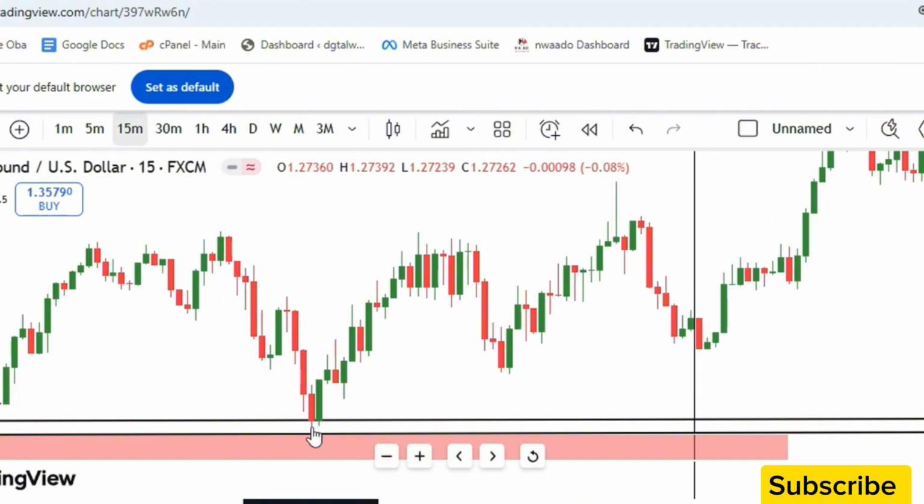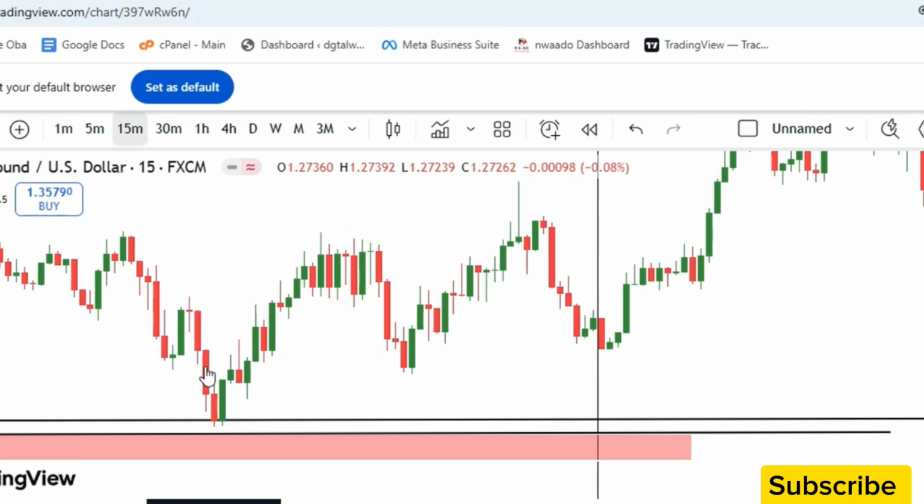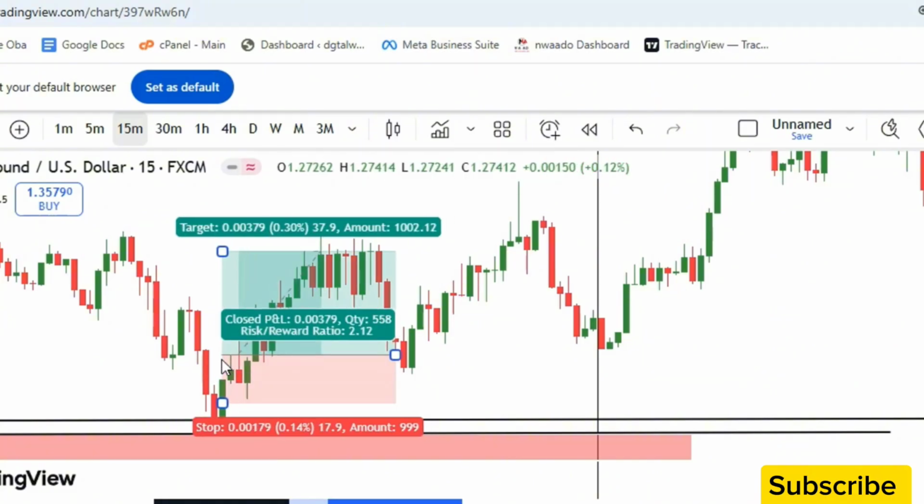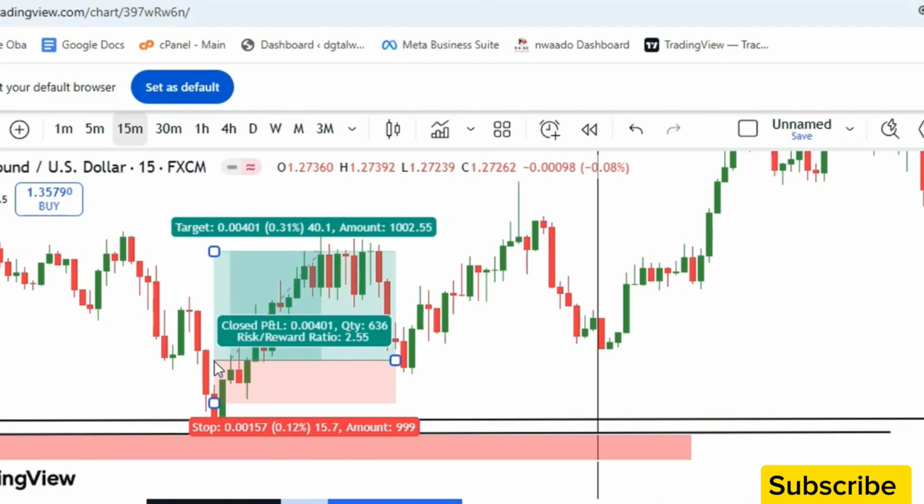It already tapped into this fair value gap and it's showing a willingness to continue in the bullish direction, right? So we can just enter the trade from the threshold of the fair value gap, right? From the threshold from here, then maybe placing our stop loss below this place, this way, right?